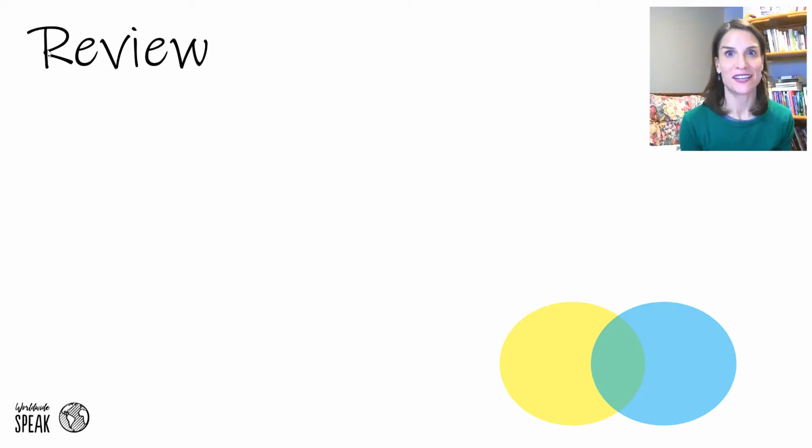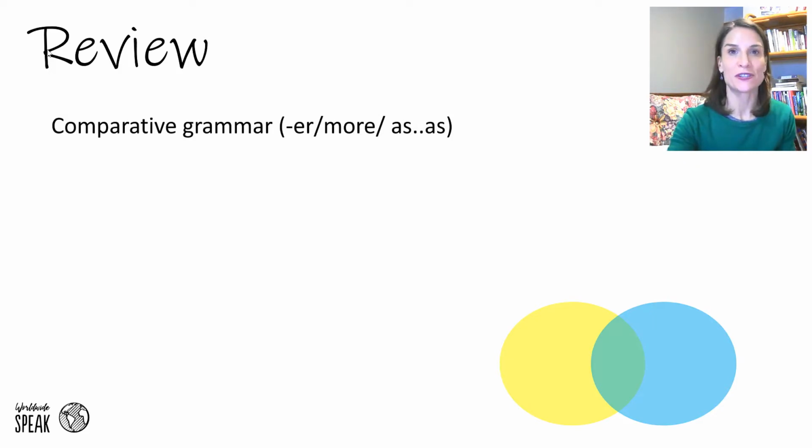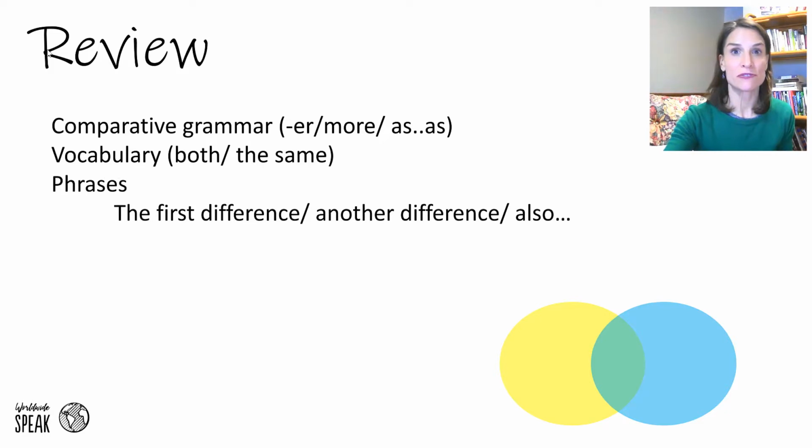So we have learned a lot here, and I hope that these things are going to be useful for you in your comparison and contrast writing. We talked about different grammar structures that you can use for adjectives like er, more, or as. We looked at a couple of vocabulary words, both and the same. We looked at some different phrases that you can use as you're introducing different points of comparison.